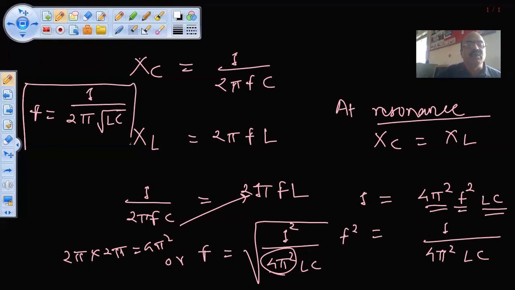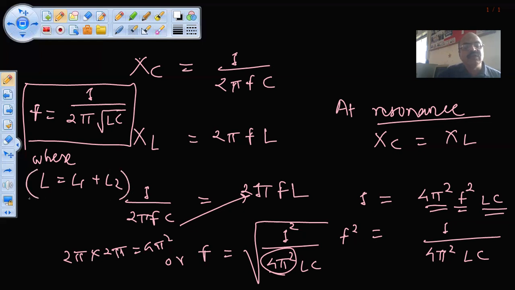This becomes the formula for Hartley oscillator frequency. Where L is equal to L1 plus L2. हे लक्षात ठेवा. आपण जे फीडबॅक नेटवर्क मध्ये L1 आणि L2 वापरलं होतं, त्या दोन्हीची ऍडिशन म्हणजे टोटल L. So this is the formula for Hartley oscillator.